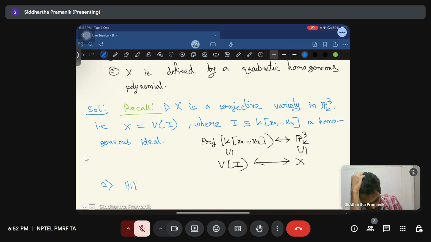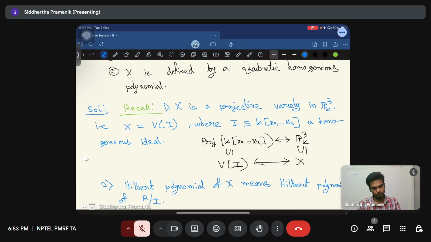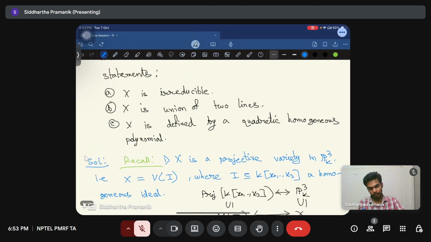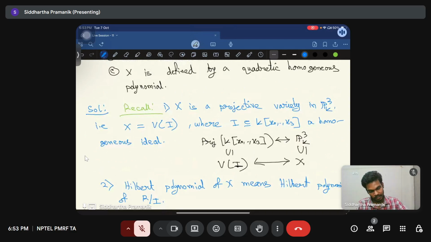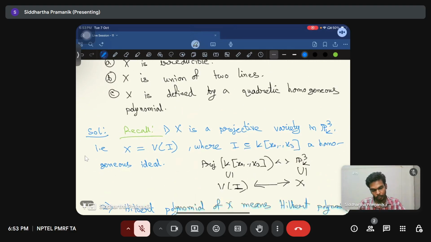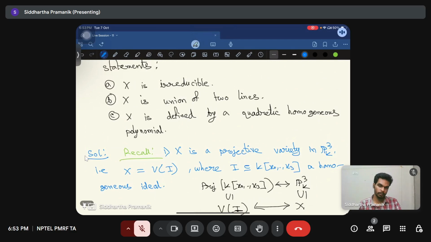The Hilbert polynomial of X means the Hilbert polynomial of this quotient ring R mod I. So this is the terminology we are using. So we are given the description of this Hilbert polynomial of R mod I. Using this, we need to give a description of this projective variety X.